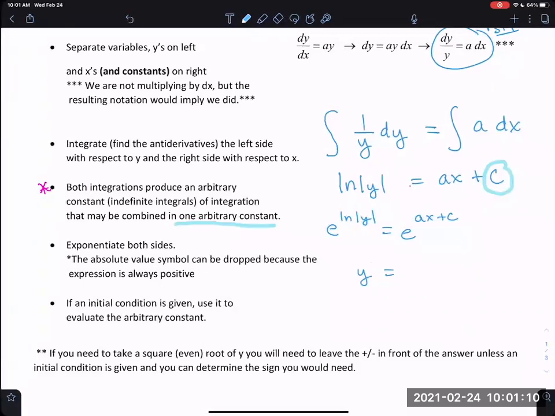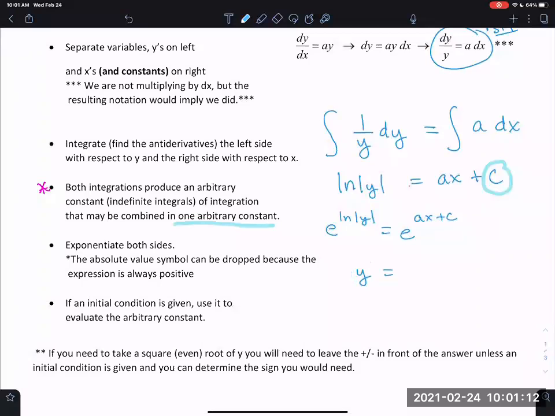And e to the ax plus c, here's some good refresher algebra. I'm going to rewrite this as that. Just think for a second what your rules of exponents say. If you have the same base raised to an exponent and you go to multiply, you would then just add your exponents. I'm doing that in reverse. And moreover, what I'm about to do with this, e to the c, e is a number, c is representing a constant, another number.